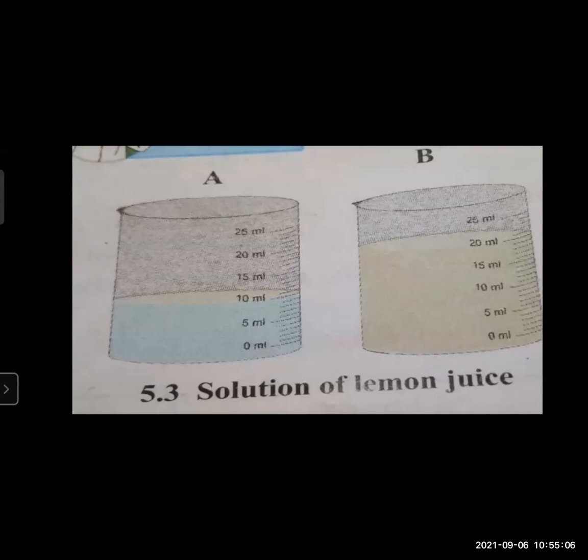That means lemon juice is in a lesser quantity than 10 ml for A, and for B, lemon juice is very much less than 20 ml. The ratio is larger for the solution in the first beaker and therefore the solution tastes more sour. On the other hand, the proportion of lemon juice in the total solution in the second beaker is smaller and therefore it tastes less sour.